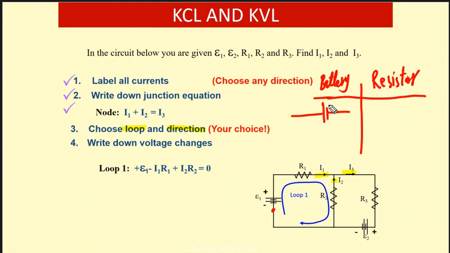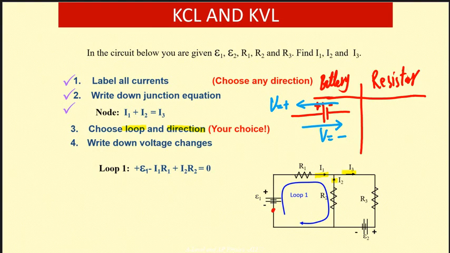If we go from the negative terminal to the positive terminal, we will gain voltage. In this direction, V will be plus. But if we go from positive to negative, V will be minus.